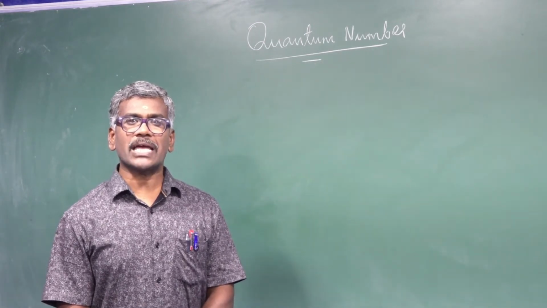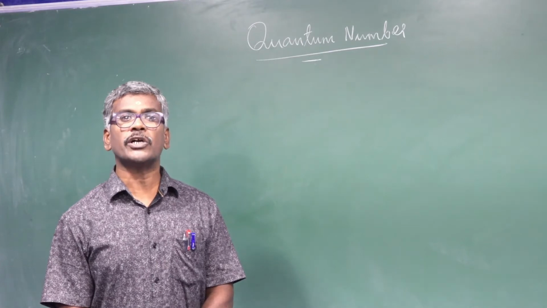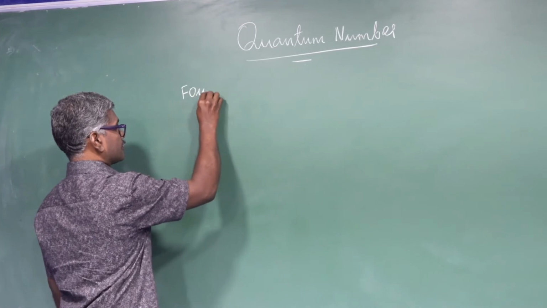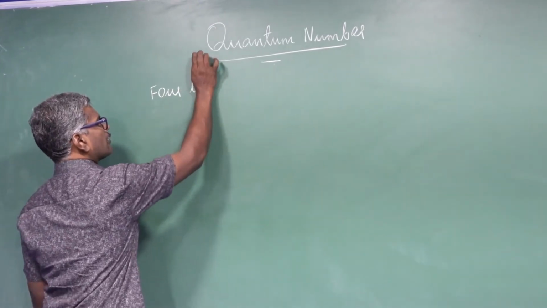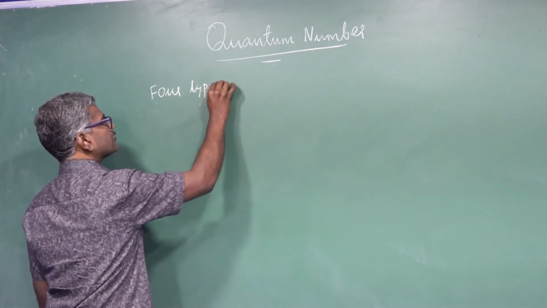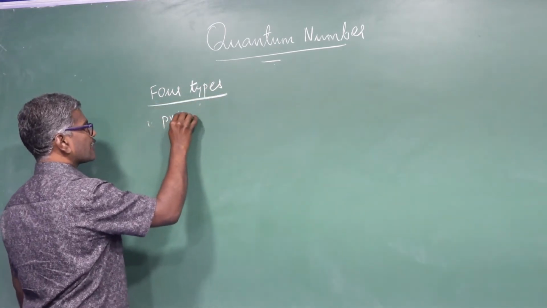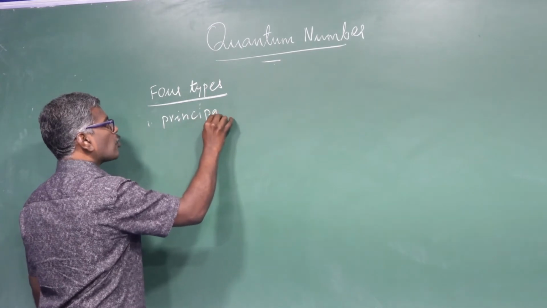The quantum numbers can be classified into 4 types. First one, principal quantum number.